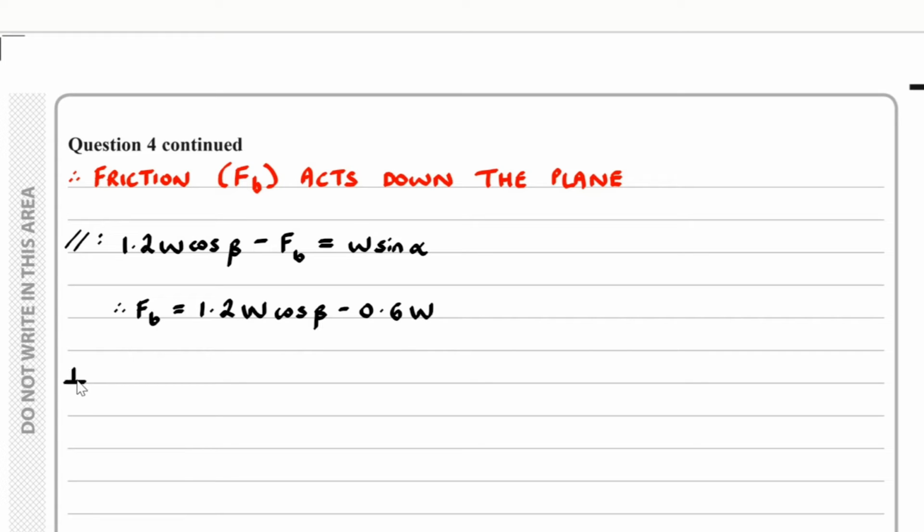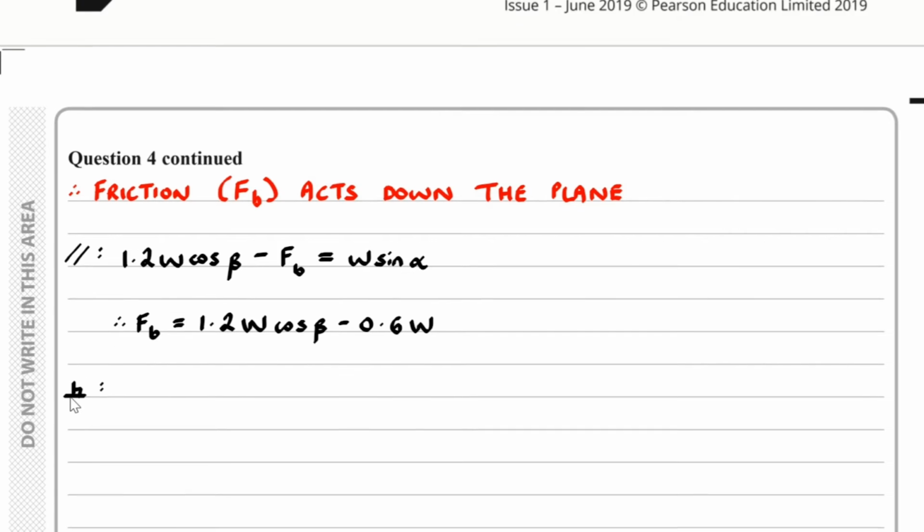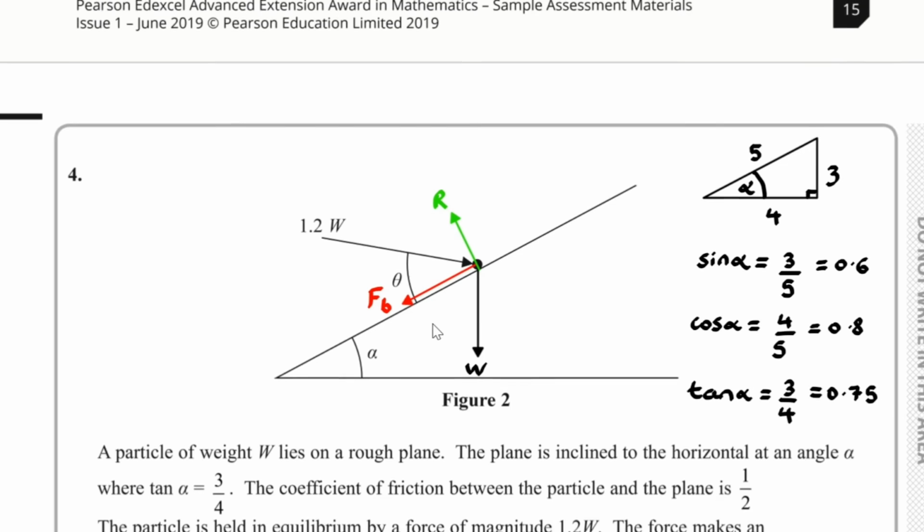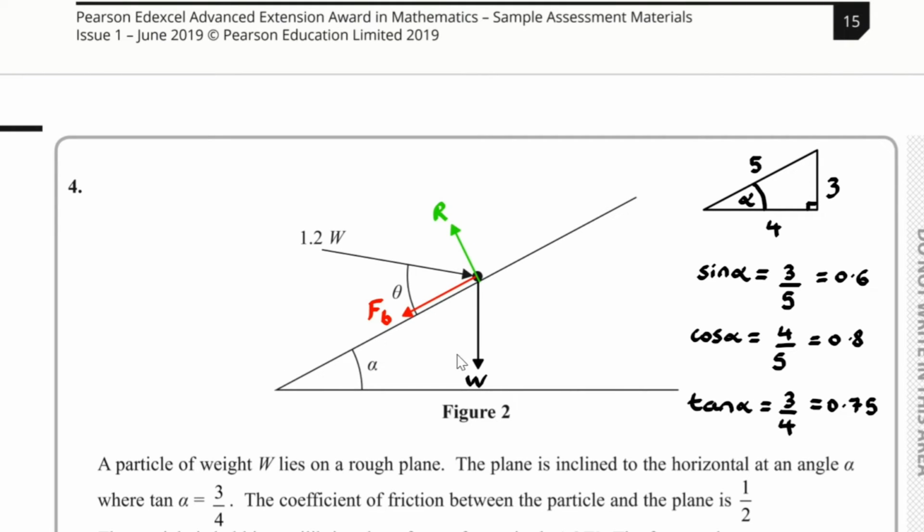And now if I resolve perpendicular to the plane, we've got a reaction force. We'll call this reaction force R. And that will equal the component over here, and if I extend this line over here, we've also got the component over here. If I've got the 1.2 W here, I've got this component, and I've also got this component.